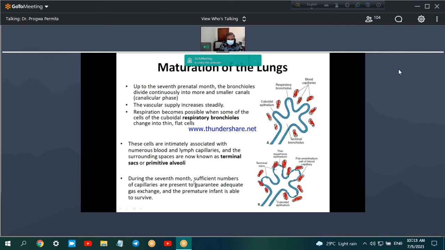So if labor occurs or the baby is delivered during the 7th month of intrauterine life, he or she may survive.